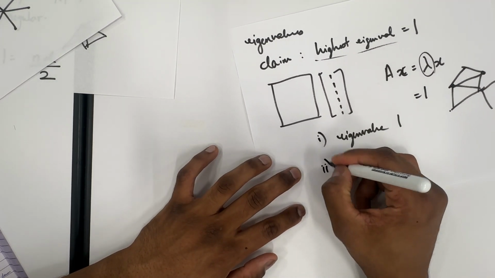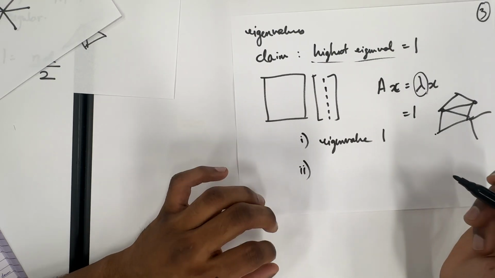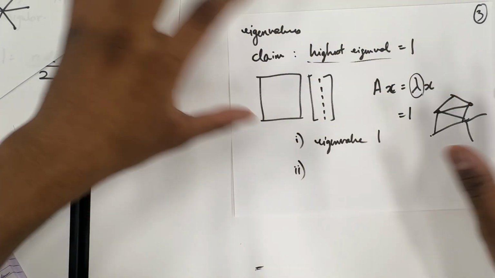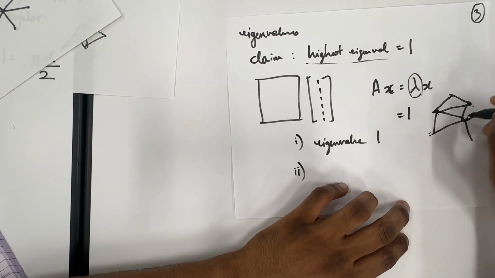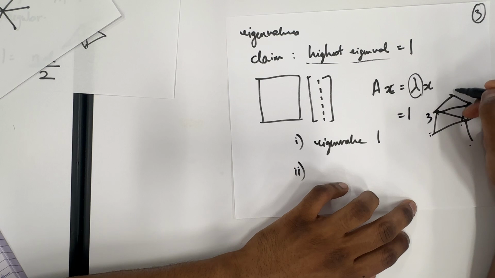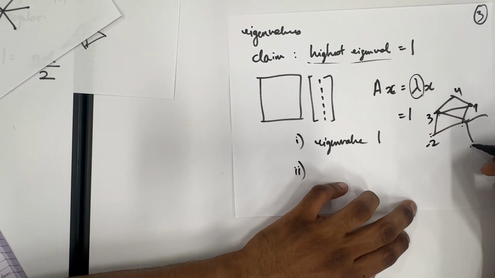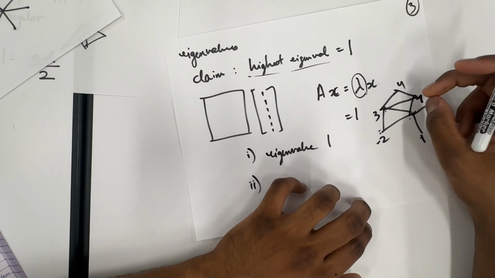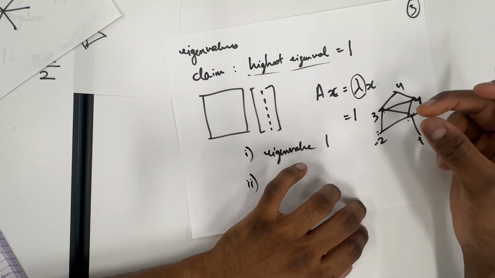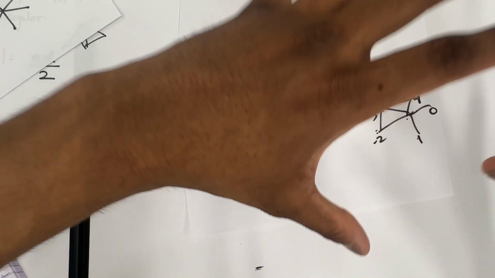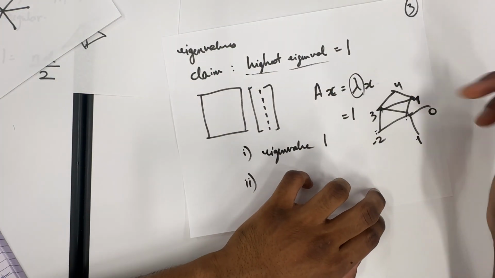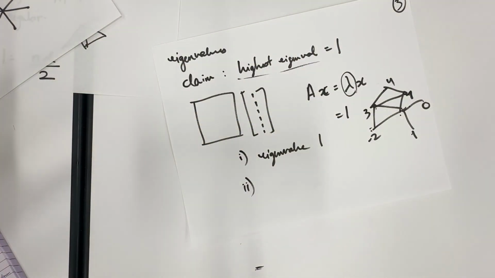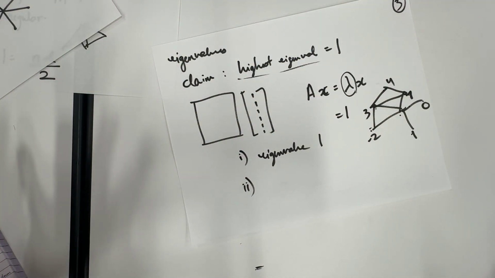So let's reason about why every eigenvalue must be less than or equal to 1. Now if you think about it again, let's say this is a graph and all of these vertices have some values assigned to them. Let's say 3, 4, 7, -2, 1, 0, whatever. There must be one particular node which stands the highest. If you look at it in three dimensions, the node with the value 7 is the highest, and every other node around it has a value lower than 7.